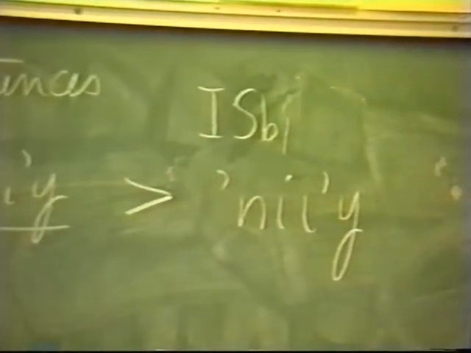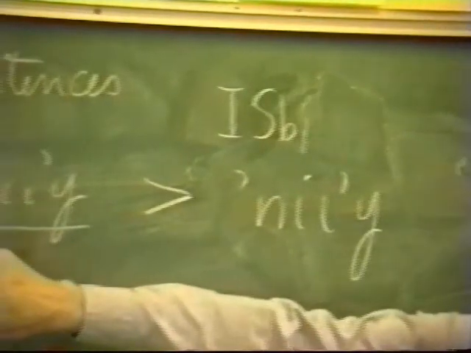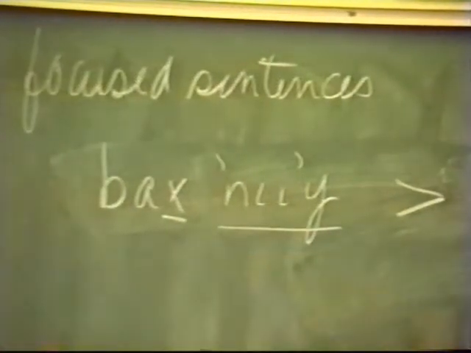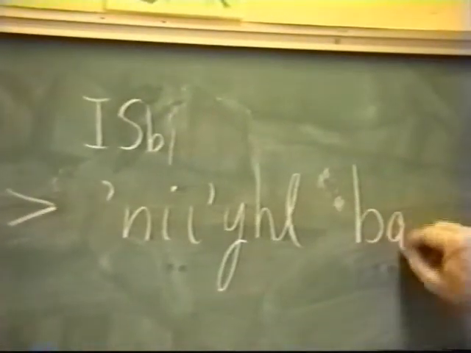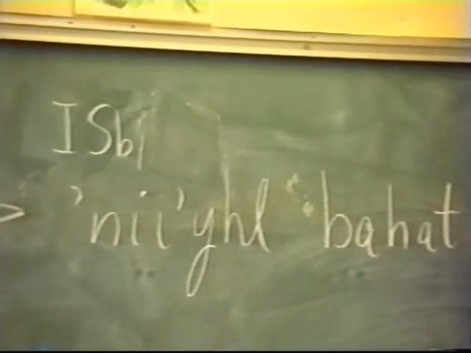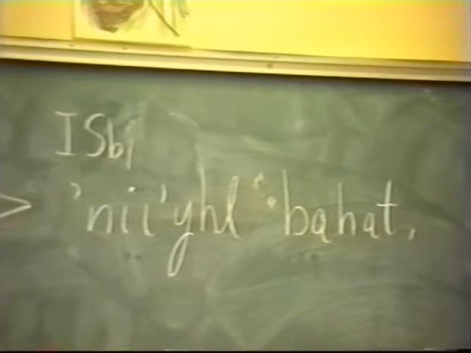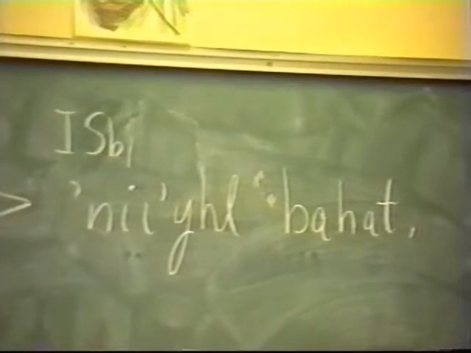We can say Bach ni'i. Can I say ni'i Bach? No, it's broken. I have to do something to it. Niishbahat, or niishbachat, young people might say, or just niishbat.